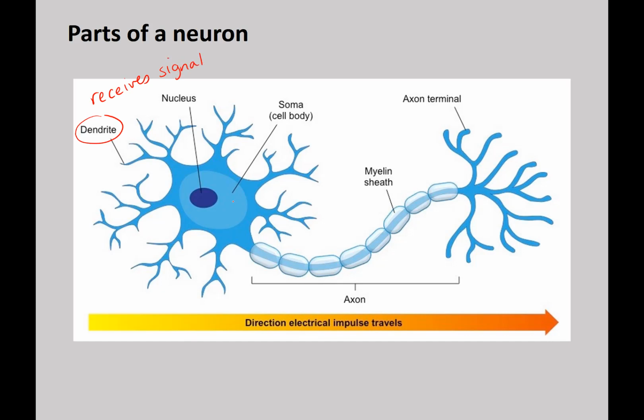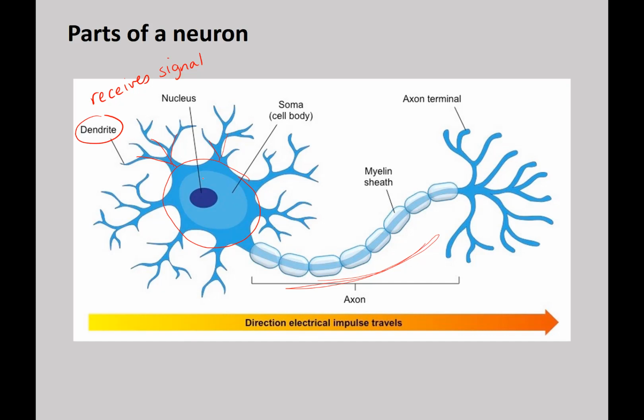Here is the cell body, like a typical eukaryotic cell, with a nucleus and organelles, mitochondria, Golgi. Proteins are made, metabolism is happening, and then you get these extensions or processes that come off of the cell body. Dendrites are much shorter than the axon you see here, and they are receiving the signal.